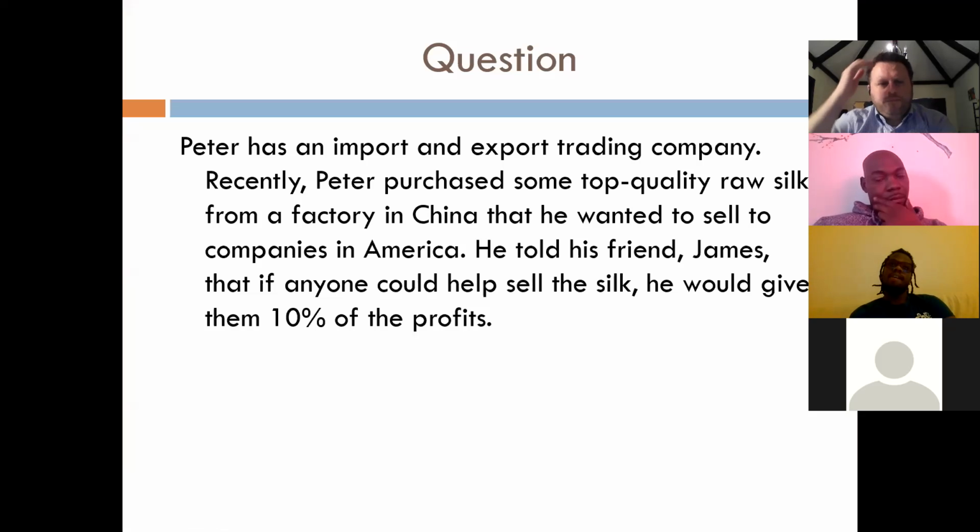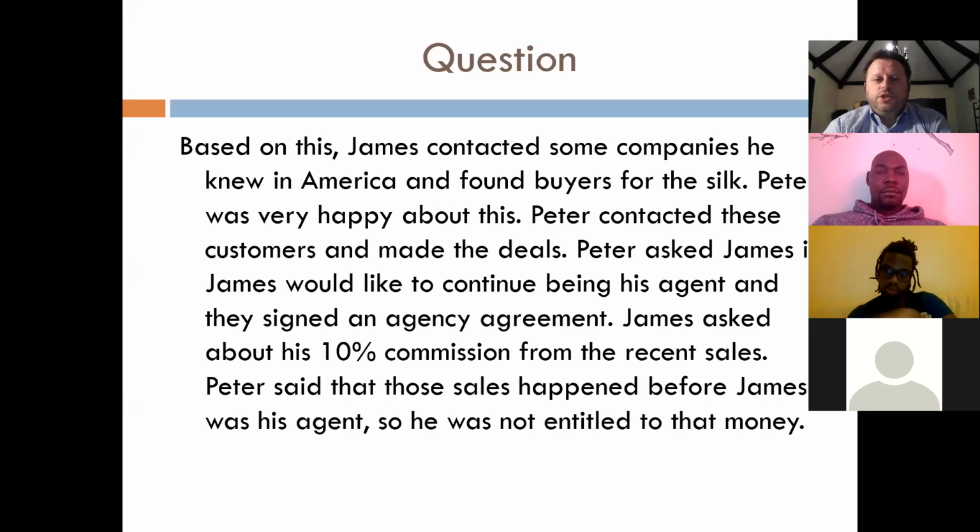Okay, agency law. Peter has an import and export trading company. Recently, Peter purchased some top quality raw silk from a factory in China that he wanted to sell to companies in America. He told his friend James that if anyone could help sell the silk, he would give them 10% of the profit. Based on this, James contacted some companies he knew in America and found buyers for the silk.